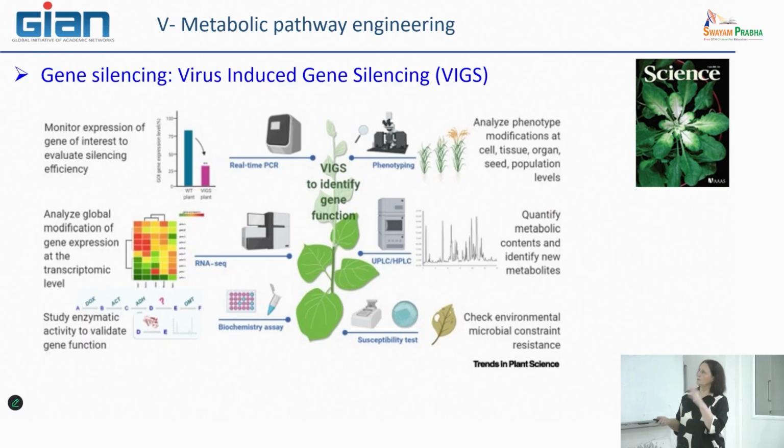To conclude, this is my last slide concerning this. You see that VIGS technology can be adapted at different levels and combined with other techniques we have already seen. For example, we can monitor the expression of a gene before or after silencing.